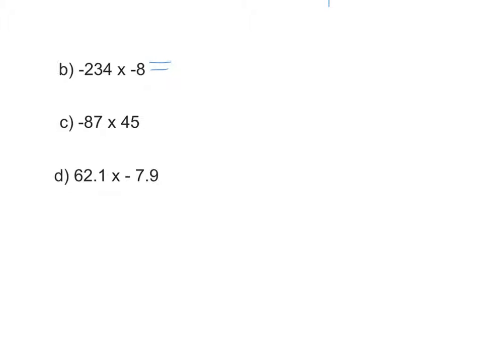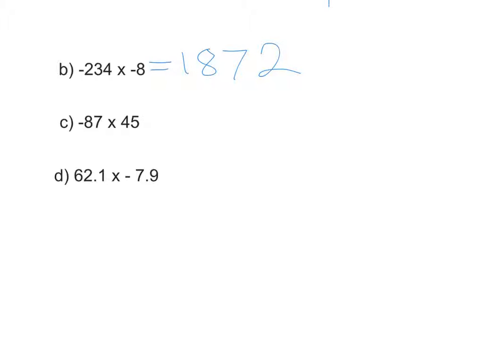I'm not allowed that. I'm only allowed pairs. So my answer is positive, so that's fine. I can just do 234 multiplied by 8, which I've already done a couple of times in this worksheet, which is 1,872.